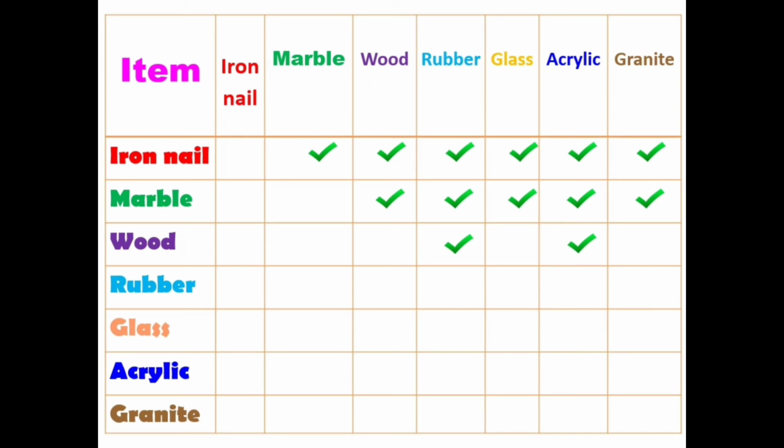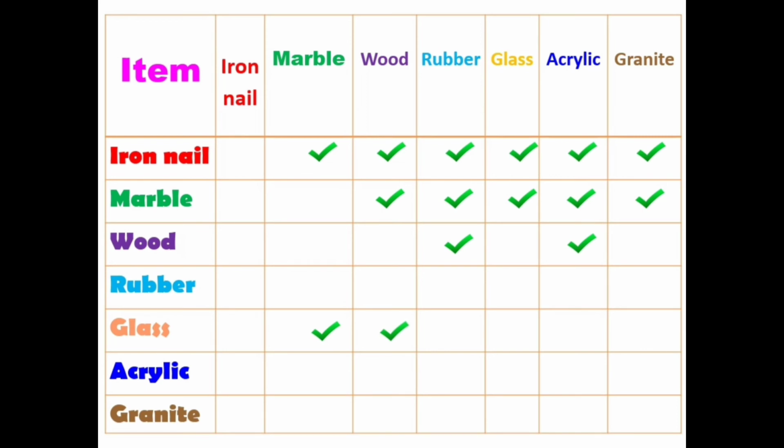Let's proceed to glass. Can we scratch the iron nail using the glass? No. Can we scratch the marble using the glass? Correct. Let's use the glass to scratch the wood. Alright.